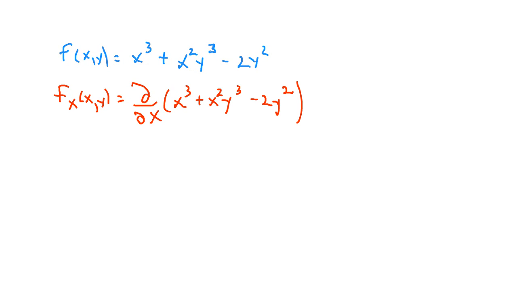Take the partial derivative of the function with respect to x. Now, what we can do, of course, is break this up into little pieces, right? The derivative of a sum is the sum of the derivatives.